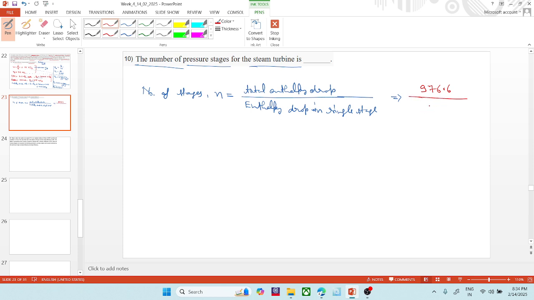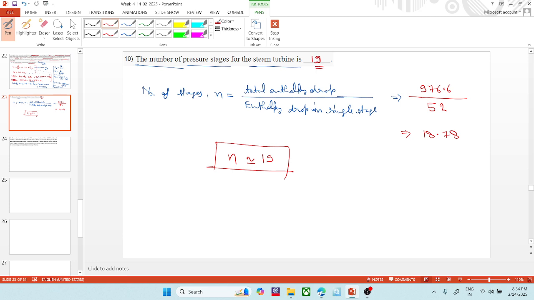Enthalpy drop in single stage, we have seen that 52. So this value is coming approx 18.78. So we'll pick the higher number. So the number of stages would be 19. Okay. So the number of stages are 19 for this problem.